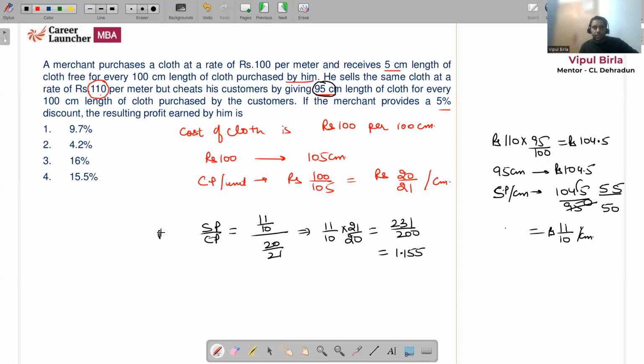That is the multiplying factor, which gives me that 15.5% profit. Hence option number 4 is the answer.